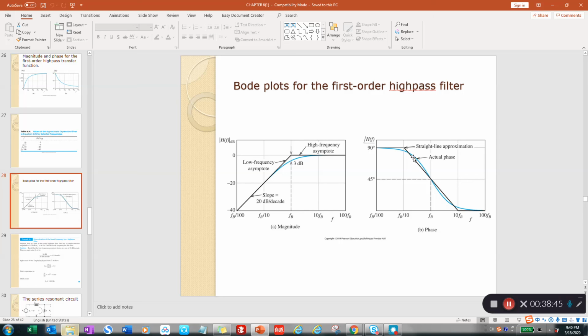Then we have these 3 critical points. FB divided by 10, you get 90 degrees. At FB, you get 45 degrees. And at 10 FB, you get 0. Connect these 3 points and you get segments of straight line. So the phase plot of the Bode plot is in fact combined from these segments of straight line.